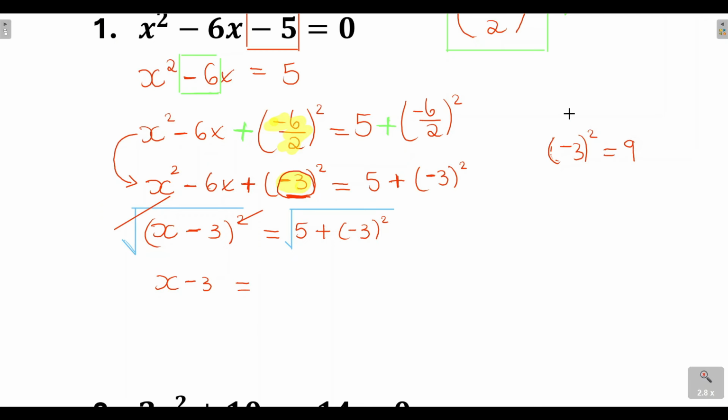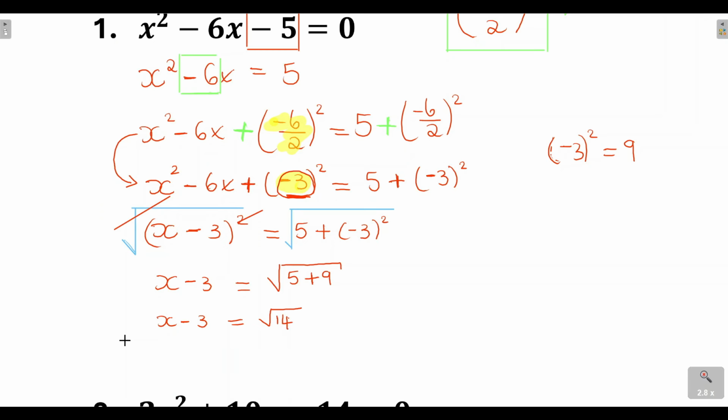If you square a negative number, it's always positive. So it's just the square root of 5 plus 9. If you punch it into your calculator, 5 plus 9, so x minus 3 is equal to the square root of 14.